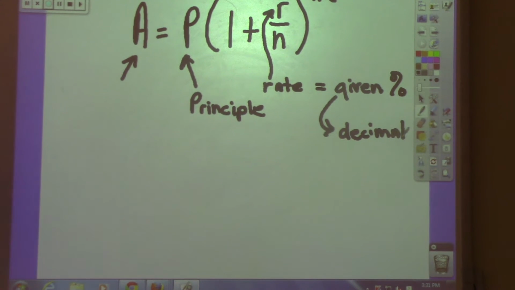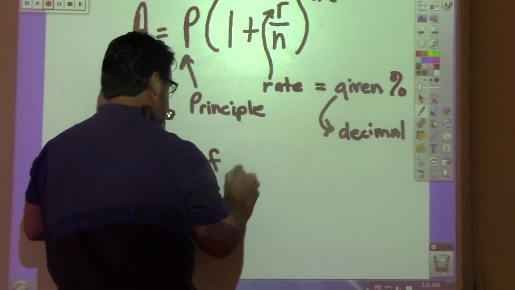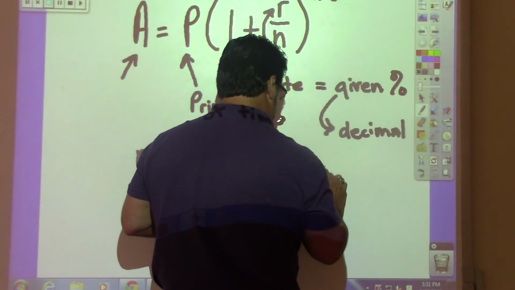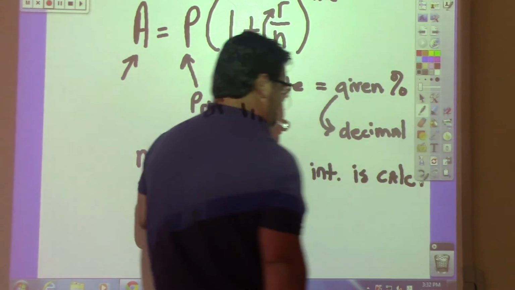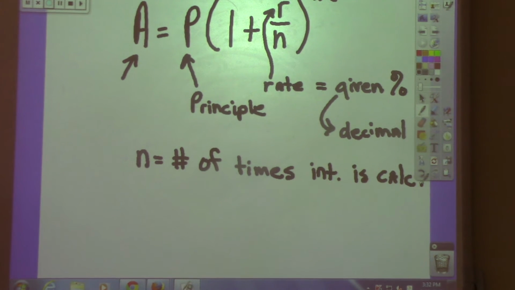N is equal to the number of times your interest is calculated. A 25-cent word for that is compounded. Say you put your $500 in John A. Smith Bank, and they compound it 12 times a year.